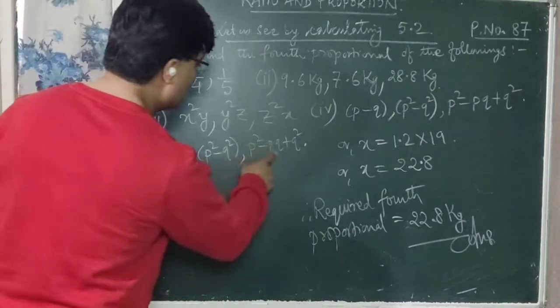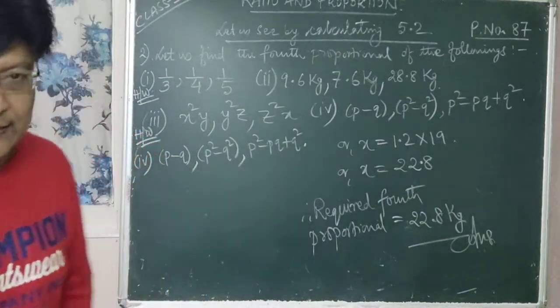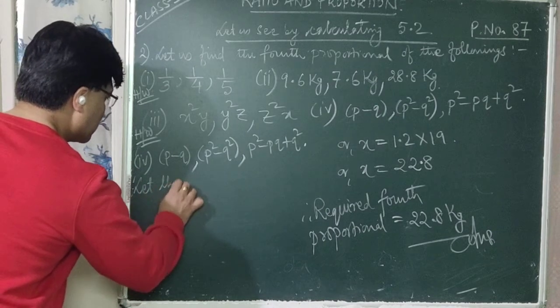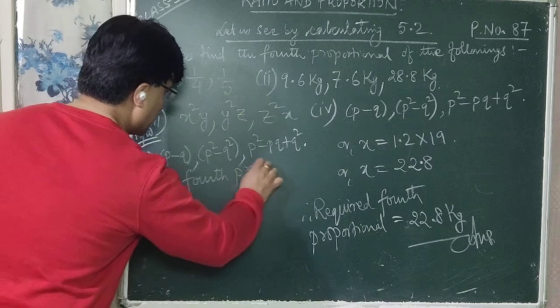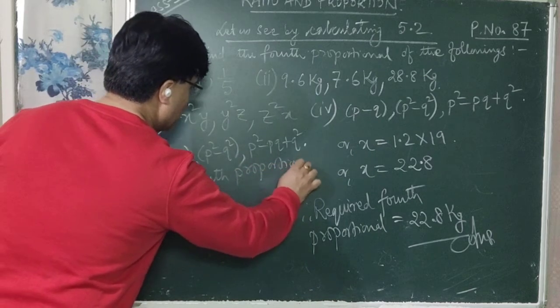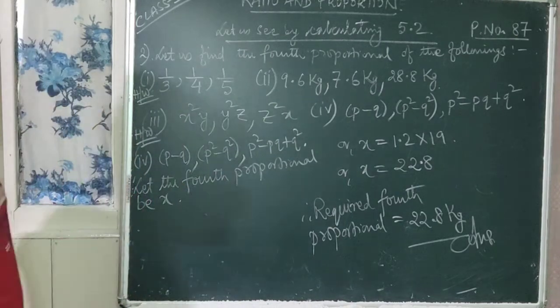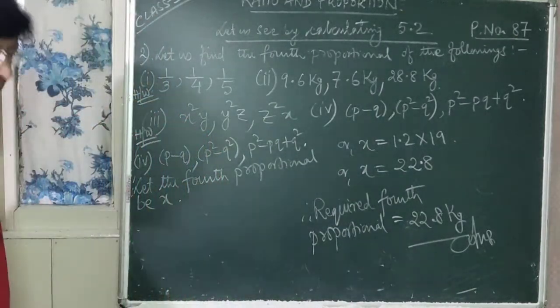So in this case, unit is not given. You don't have to write down the unit in this case, right? So let the fourth proportional be x. We have assumed that the fourth proportional be x.